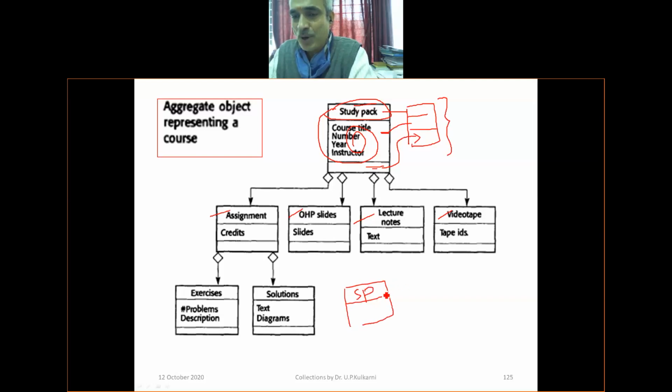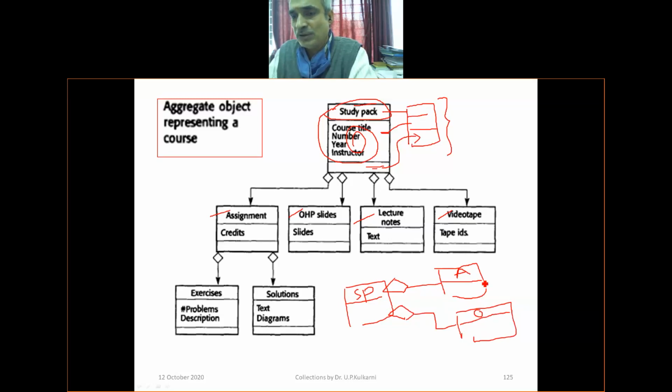Then this is made up of composite objects, one is, say, assignment. I call it A in short. Then another one is OHP slide. I'll write simply O, right?